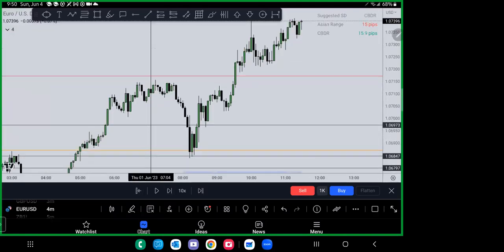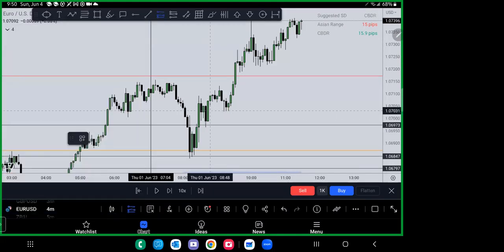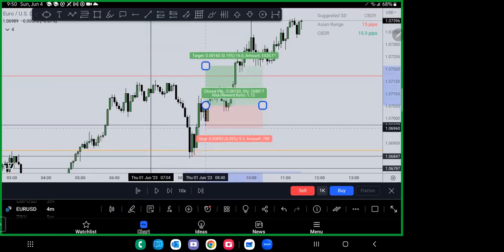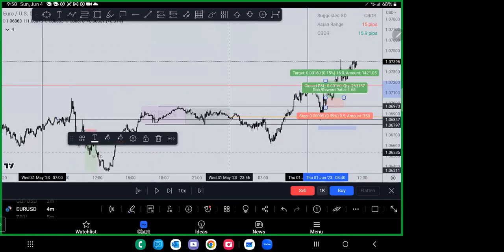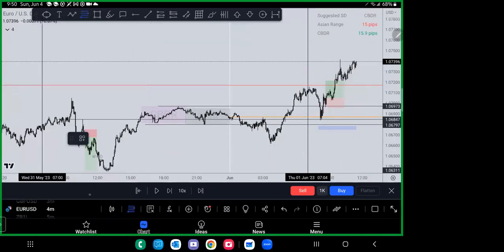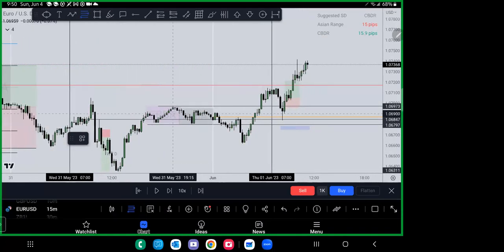All right, so this is New York, right? Here you go. Entry model, EFD, OBV, PPB is here. And let's do projections from the standard deviation of the central bank dealers range.